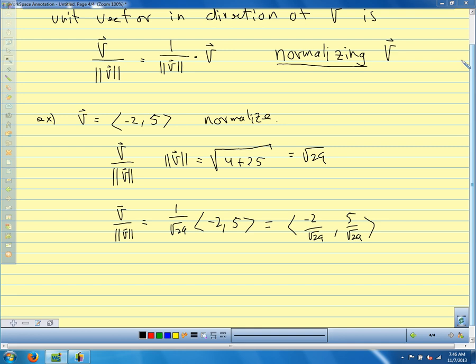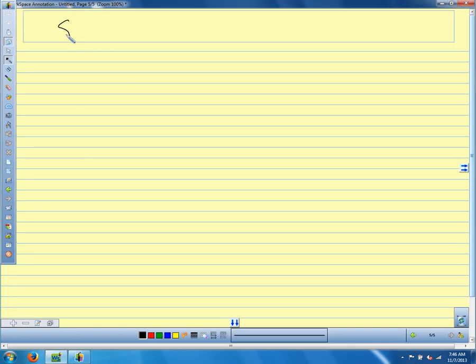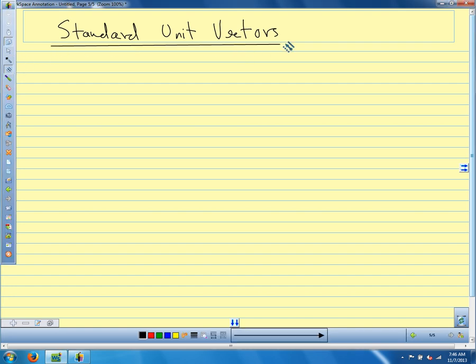All right, so we have some standard unit vectors. We know what a unit vector is, a vector with length 1. So we're going to use some standard unit vectors when we're dealing with vectors also. And our standard unit vectors are just unit vectors in the direction of our coordinate axes.